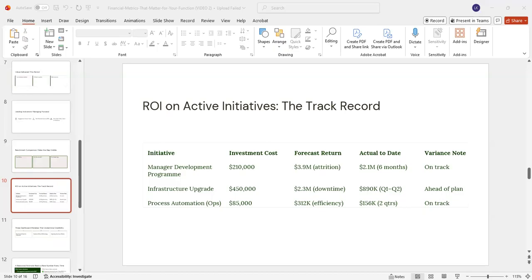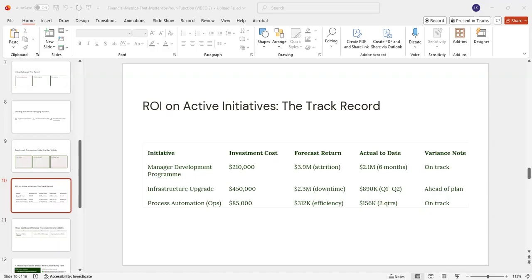You could also look at it from the perspective of process automation, where you asked for an investment of $85,000, expecting $312,000 in returns because of efficiency. In the first 2 quarters, you are almost halfway there, so clearly you are on track to achieve the return.